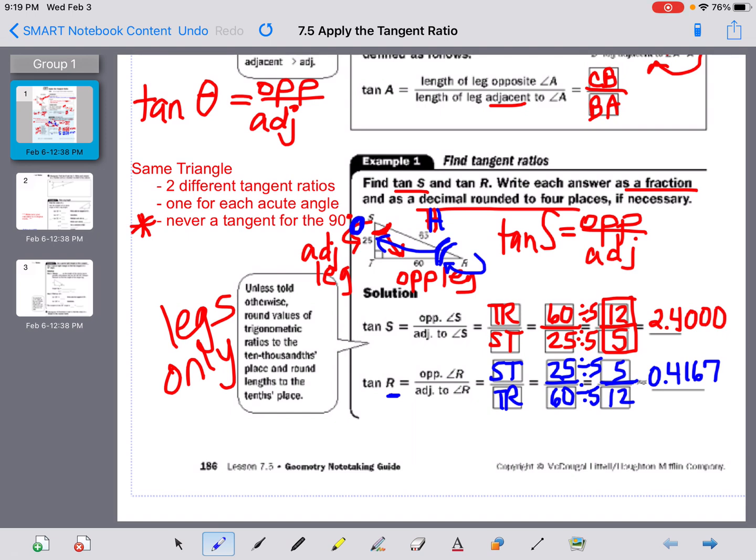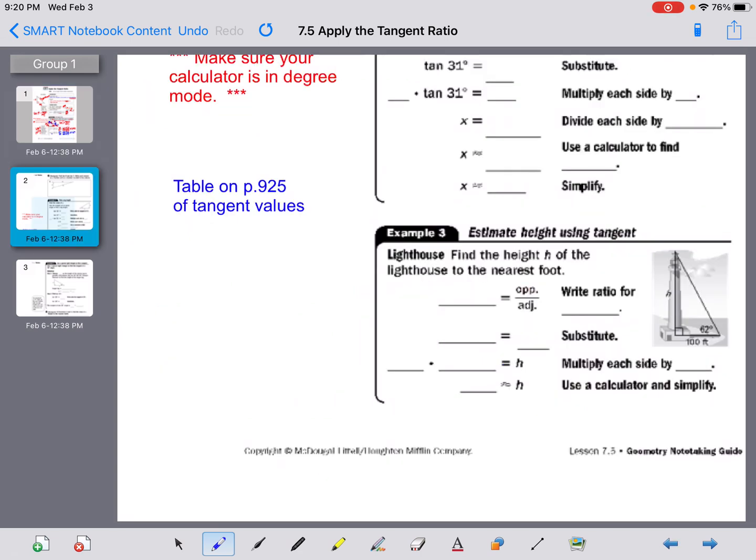Okay, so each acute angle has its own values, and you have to look at the angle you're at to find the adjacent and the opposite, not from what you've already marked. You can't mark a triangle up before you start because as your angles change, your opposites and adjacents change as well. The one thing that never changes is your hypotenuse. All right, so let's go to page 2.